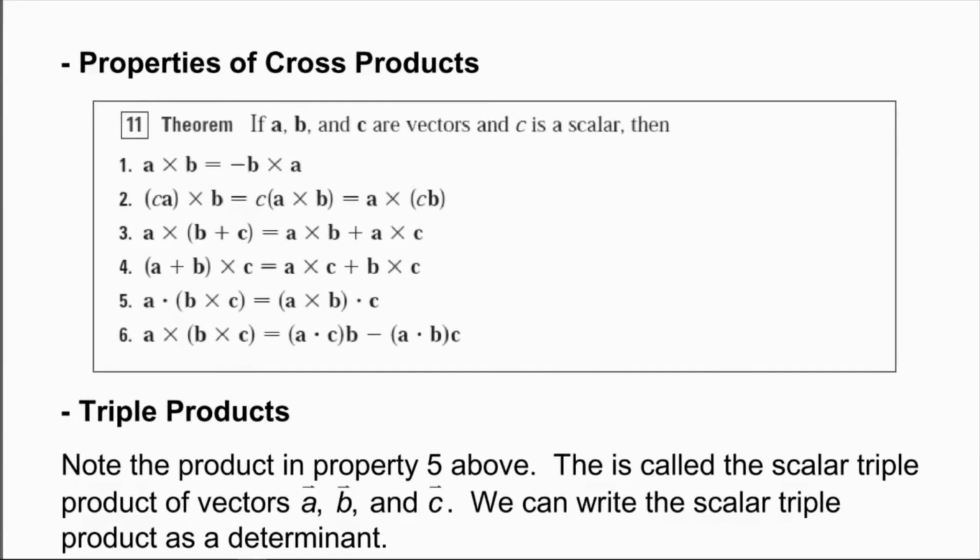Okay, so we've got a couple more things here on cross products. Just like in the first section, I've got a bunch of properties that you're going to go through when you complete your assignment. A lot of these you're going to show are true in the same way I mentioned in the dot product section. You create arbitrary vectors for A: A1, A2, A3, and for B: B1, B2, B3, and then you can go through the process and show that these are true.